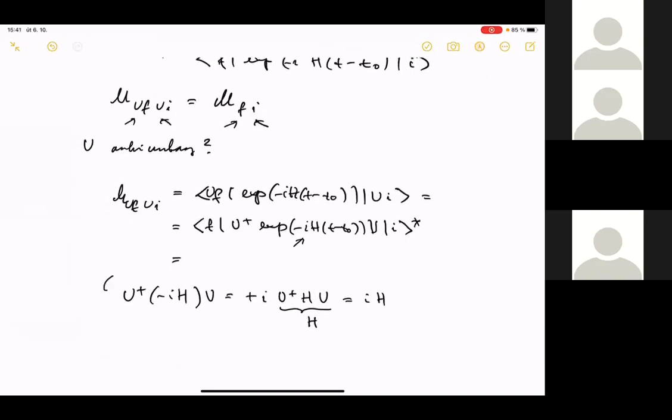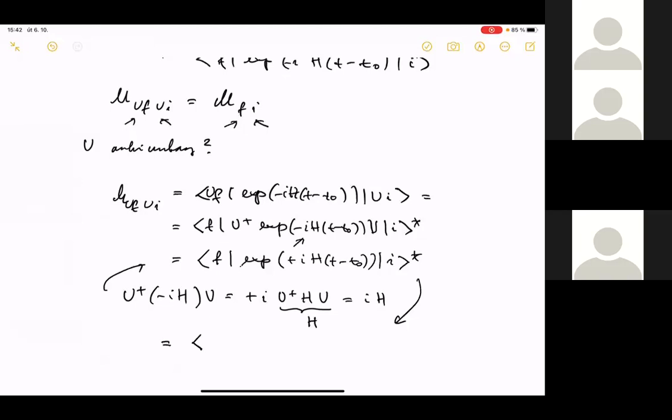So we get from this that this matrix element is exponential of plus iH(t minus t0) I and complex conjugated. And this complex conjugation can be easily done. We simply Hermitian conjugate this as a set of objects which can be conjugated Hermitially.